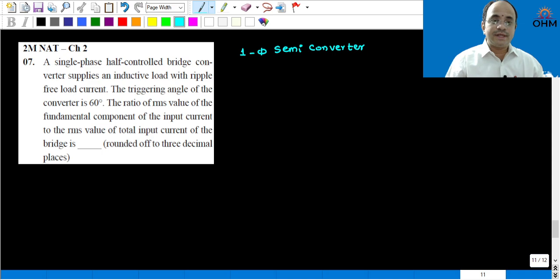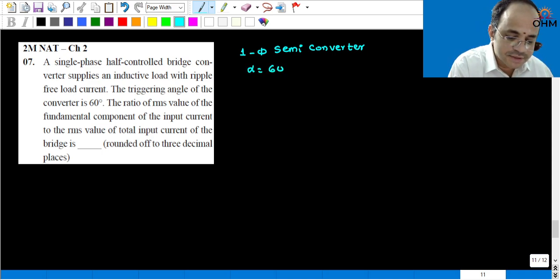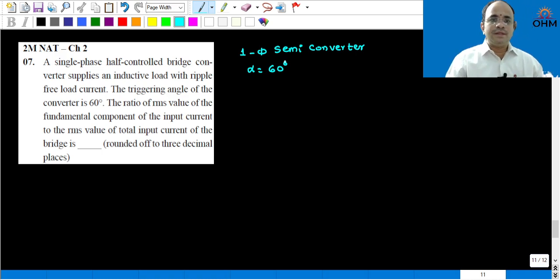The triggering angle of the converter alpha is given as 60 degree. The ratio of RMS value of the fundamental component of the input current to the RMS value of the total input current. Indirectly it is asking what is the distortion factor of the input current.